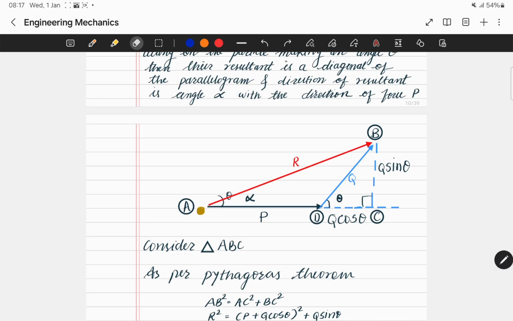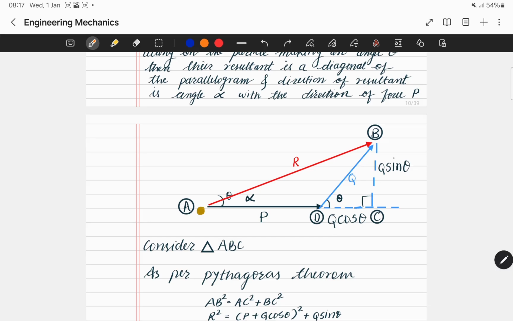The force Q was there like this, so I have copied it at this point with the same magnitude, and the angle theta will also be the same as Q we have drawn parallel. So this is angle theta, and this is the right angle triangle we have formed here.